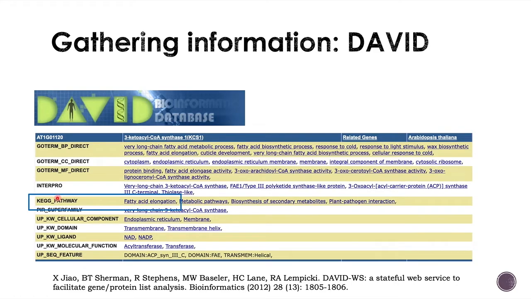Indicated here is the KEGG pathway, which is a database on metabolism, and you have a link for fatty acid elongation. So you will see the gene in the context of a metabolic pathway, and you can go directly to the KEGG website because there's a link.